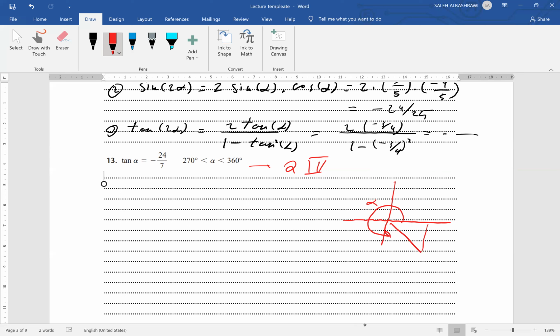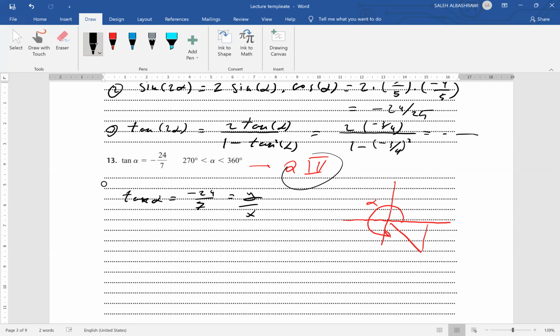But to find sine and cosine of 2 alpha, we have to find sine alpha and cosine alpha. We know that tangent alpha, which is equal to minus 24 over 7, is equal to y over x.